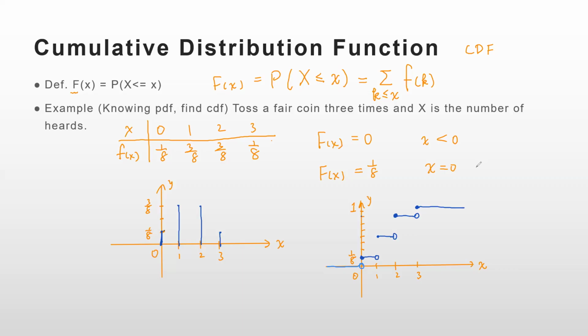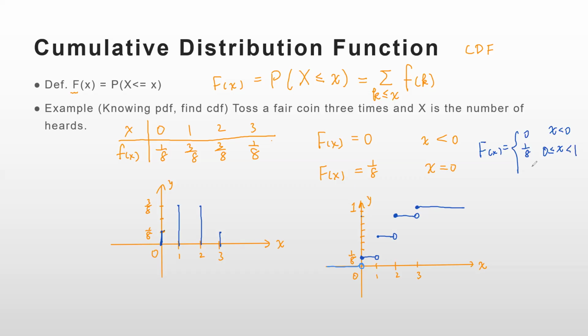If we want to denote it with a function, then you really need to list all these possibilities. Let me write it down somewhere else. F(x) equals 0 when x is less than 0, and 1/8 when x is greater than or equal to 0 and less than 1.